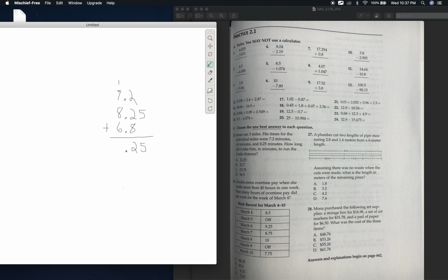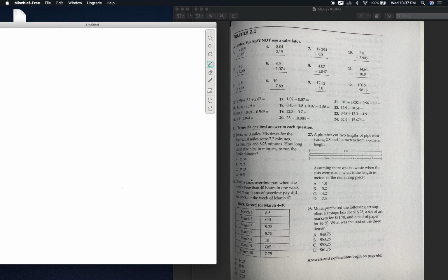So 7 plus 7 is 14, plus 8 is 22. And that is your terrific answer. 22.25. Let's see if they have that. Yes, they do. A is your answer. Okay.